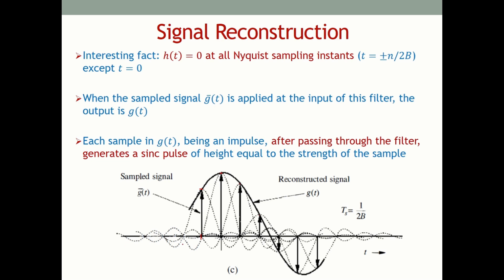And you can see the interesting thing is that when we add these, at this point only one amplitude exists, this one. The higher lobes of every other sinc function are 0 at this point. Again, at this point only this sinc function's maximum lobe exists, and all the other contributions from the sinc functions are 0.